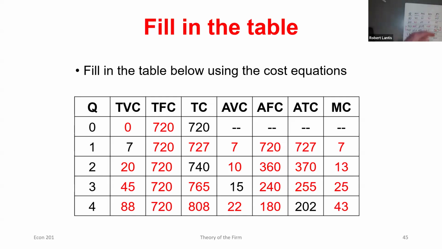So initially, these average fixed costs falling is really going to drive my average total cost down. However, eventually the average fixed cost isn't falling by much. So what happens to my average total? It starts to increase, right? This is the U shape that we see in the average total cost. That's what it's being driven by.